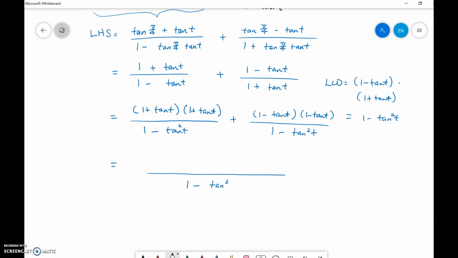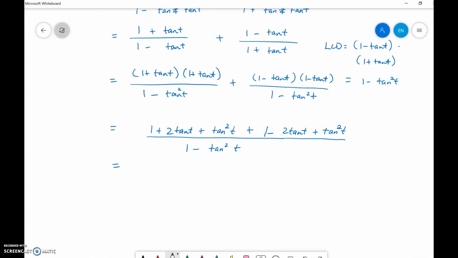So by adding those two fractions, we end up with 1 plus 2 tangent of t plus tangent squared of t plus 1 minus 2 tangent of t plus tangent squared of t. Okay, when we simplify it, we get 2 plus 2 tangent squared of t over 1 minus tangent squared of t.